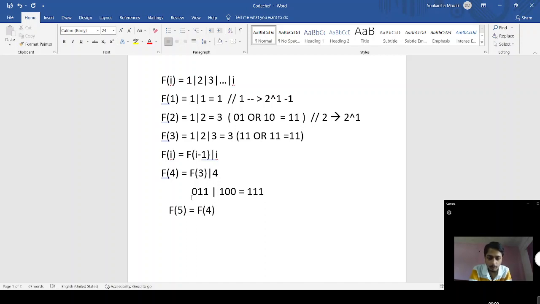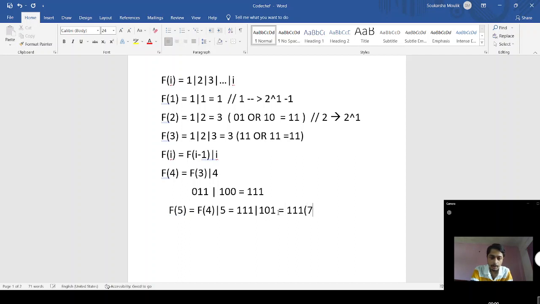Why? Because f of 4 is 7 and 5 in its binary representation will take 3 bits. So irrespective of whether these 3 bits are set, reset, or whatever it may be, the answer will be 3 set bits, that is 7.